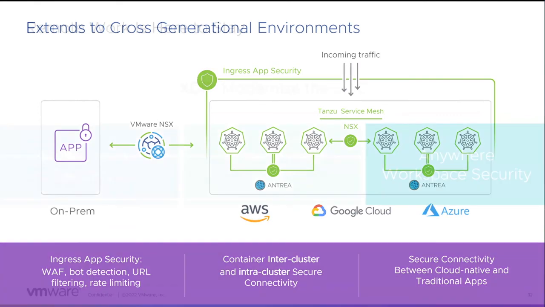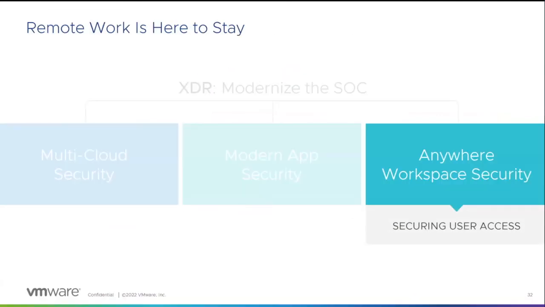And thirdly, the third and final piece of the VMware security pillars, it's the Anywhere Workspace. A lot of the fundamental technology here originated from VMware's acquisition of AirWatch many years ago, as well as our Horizon solution.